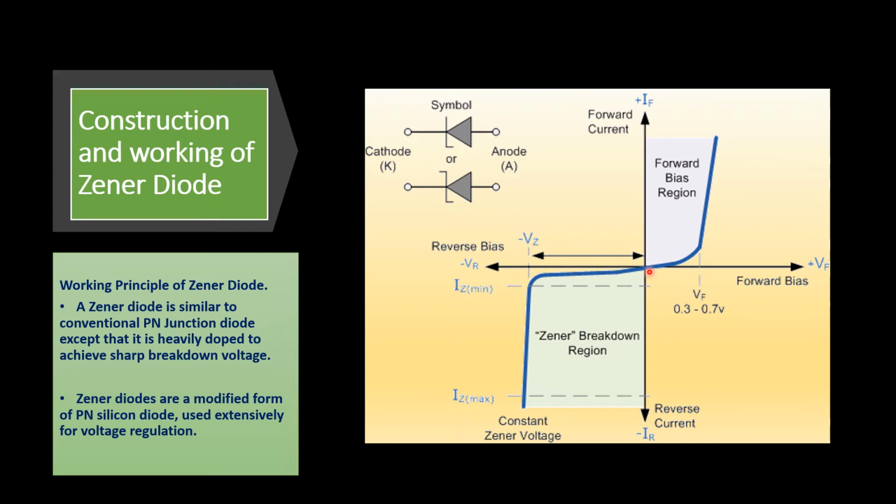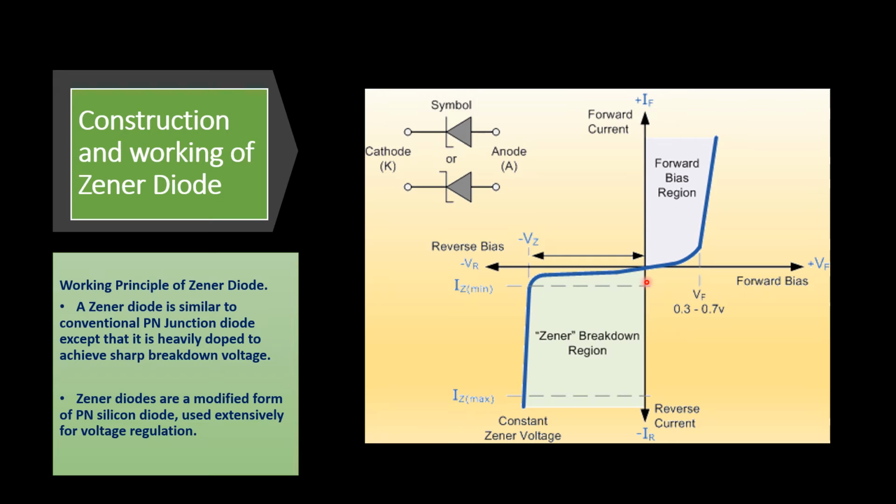If we talk about the reverse bias mode, when a diode is said to be reverse biased, the anode is negative with respect to the cathode, then that Zener diode is said to be in the reverse bias region.